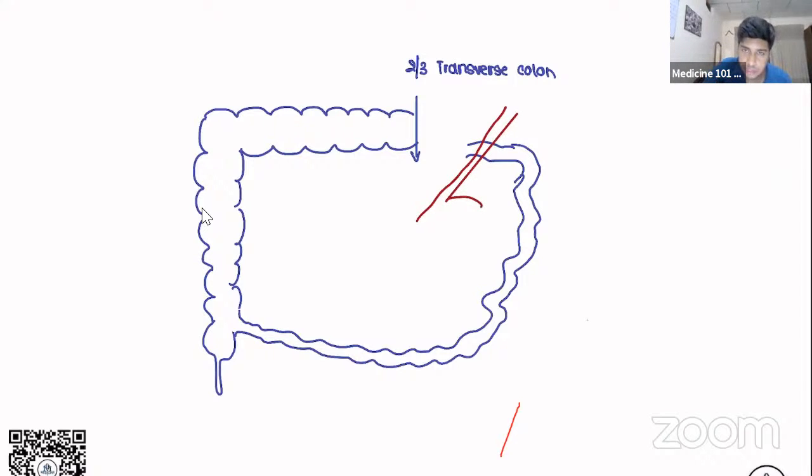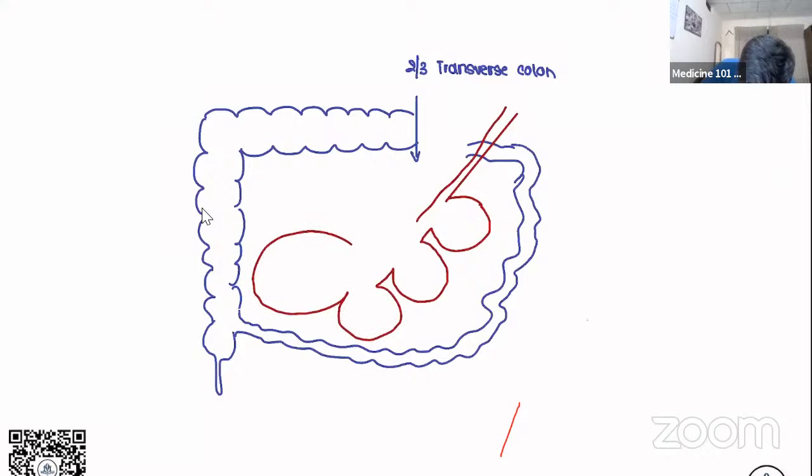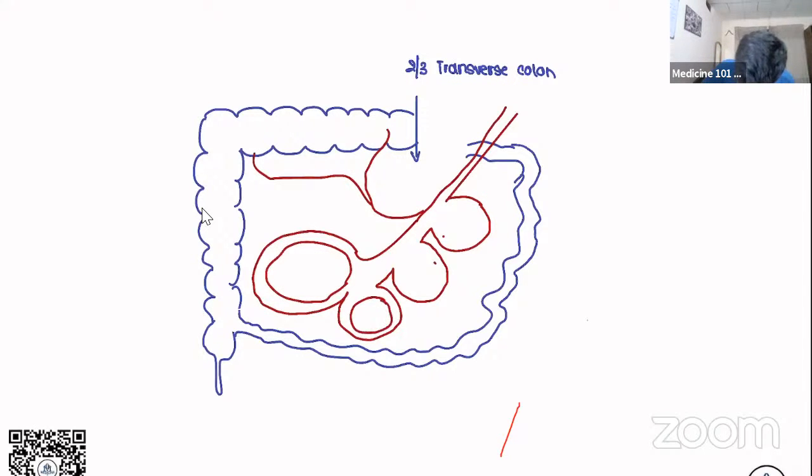Guys, wait, just wait. Okay, now draw these loops. Draw the loops like this, okay? It looks like those things you put on your fingers to punch people.